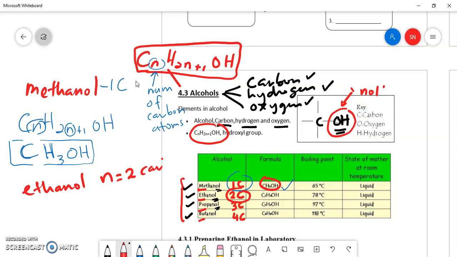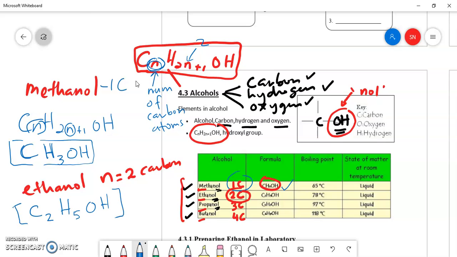Therefore, according to the chemical formula, it will be written as C2 this time. The n here is now 2. H: if n is replaced with 2, 2 times 2 is 4, plus 1 is 5. So C2H5OH. This is the chemical formula for ethanol.